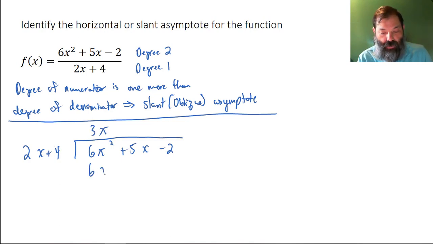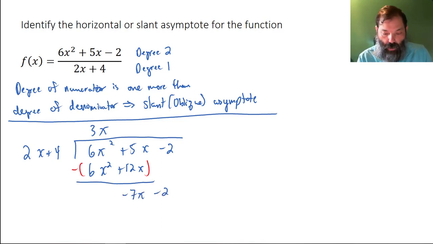Multiplying back through, that's 6x squared plus 12x, and subtracting that leaves us a negative 7x minus 2. 2x divides into negative 7x, negative 7 halves times.